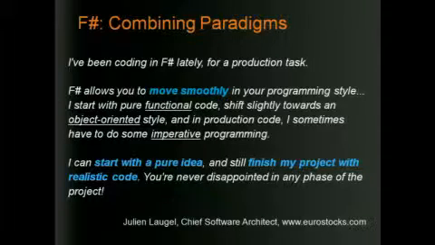The key thing I like about this quote is that it's a nice quote about working with the language, but also that he talks about pure functional code. He shifts slightly towards object-oriented and imperative programming later on in the software cycle, which corresponds to this functional first approach. He starts with a pure idea and finishes his project with realistic code. That captures the methodology of using F#.